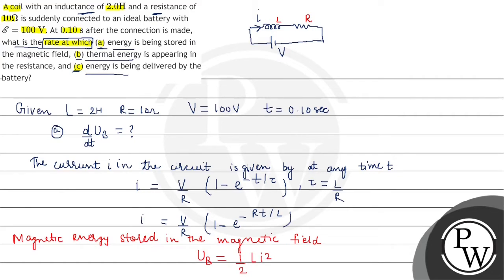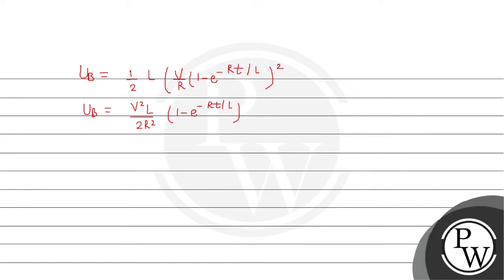Now we know the value of I, so we substitute the value of I in equation 1. On substituting the value of I in equation 1 we get half L times V by R times 1 minus e to the power minus Rt by L, whole square.